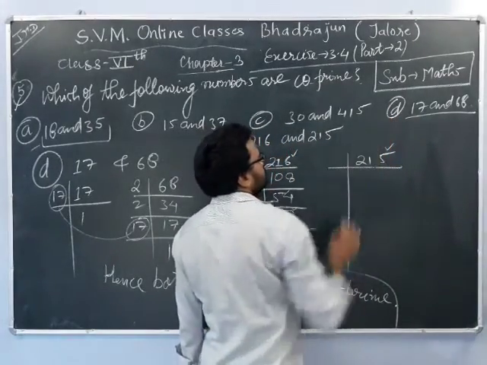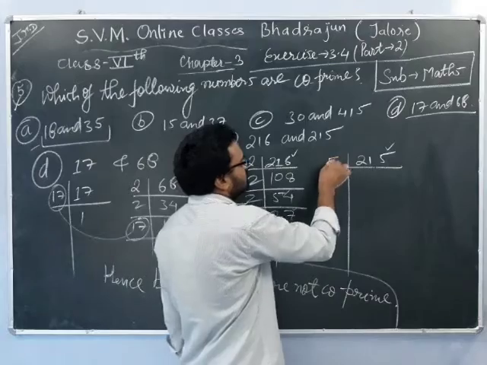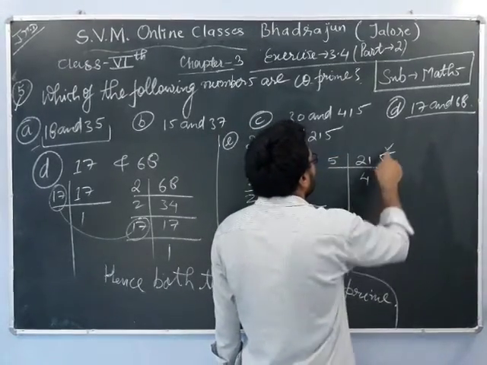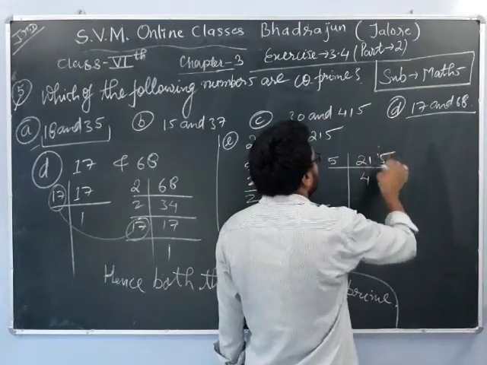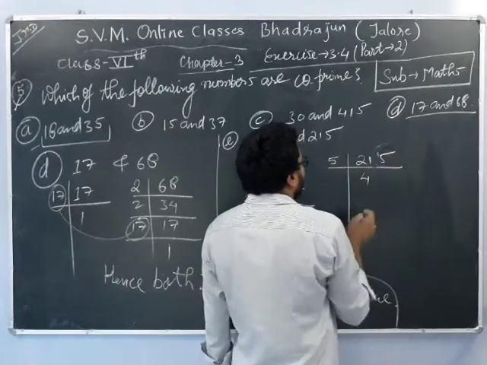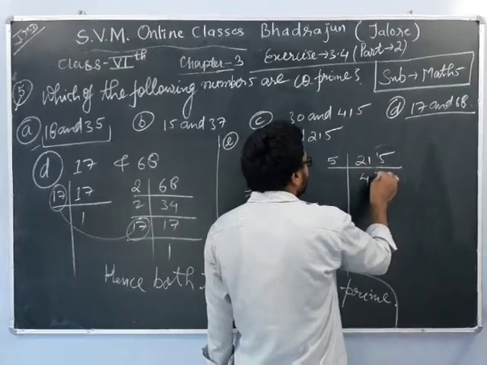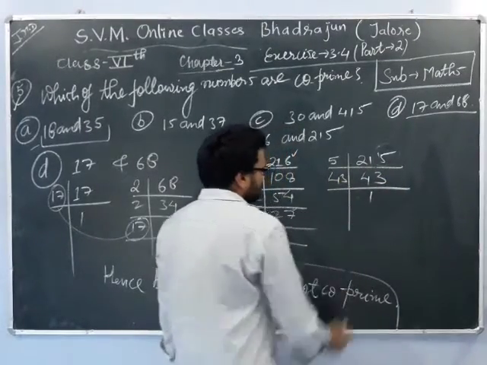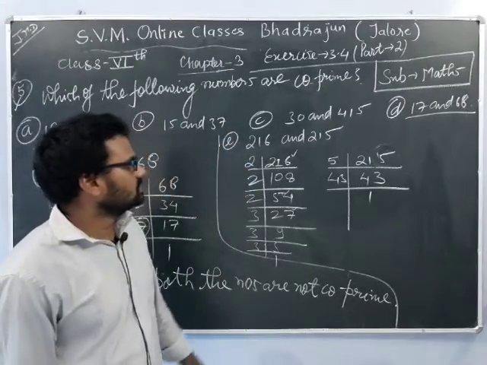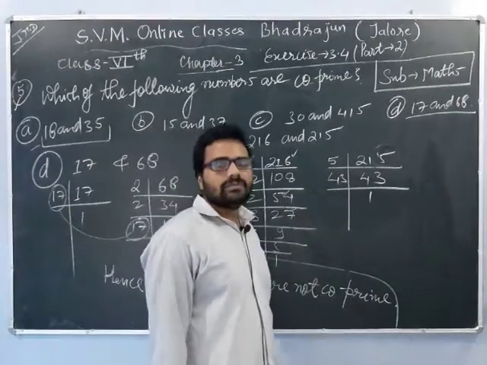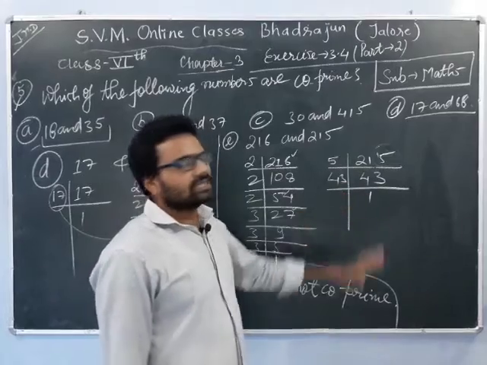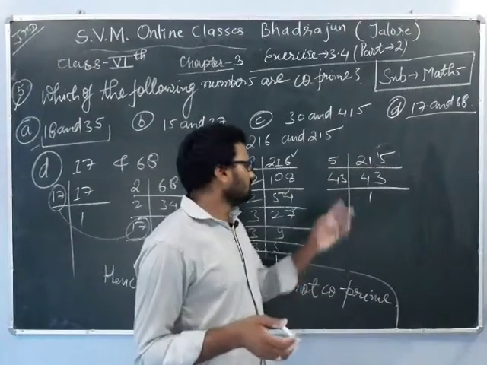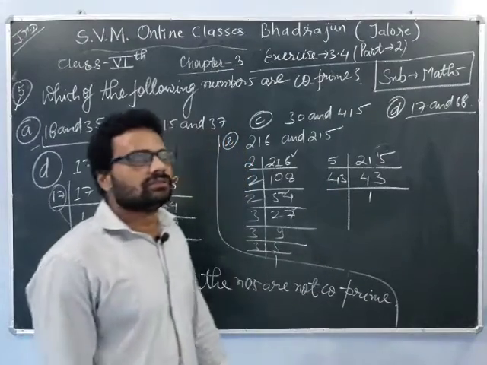Here the unit place digit is 5, hence this number will be divisible by 5. So 5 4s are 20, and after that we are left with 15. 5 3s are 15, now this is 43, again 43, now this is 1, because 43 is a prime number and will not be divisible by any other number. It will always be divided by itself, so I have divided by 43 only.